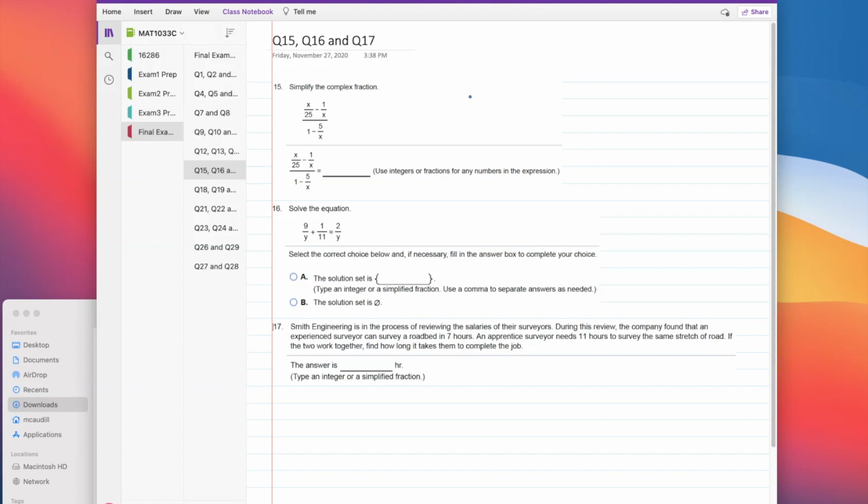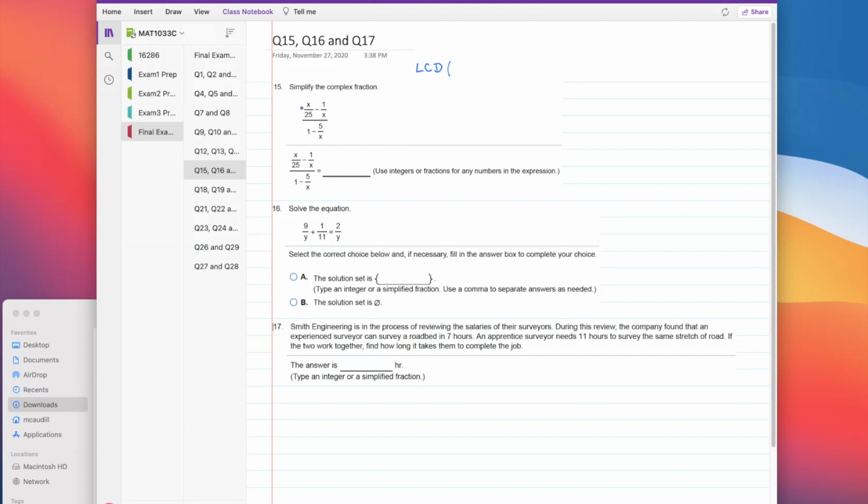Okay, number 15. Number 15 is a complex rational expression, or for simple, they just say complex fraction. You have the major fraction, that's the bigger line, but your numerator is an operation with rational expressions, and the denominator as well. The first thing you have to do is look for the denominators on this complex fraction and find the least common denominator across all denominators that you see.